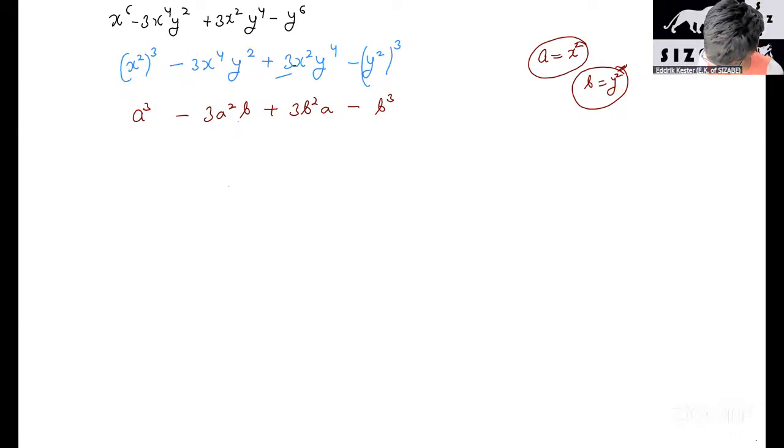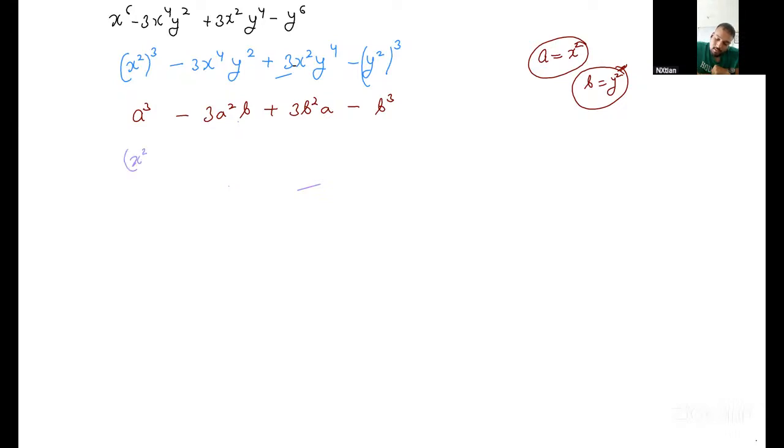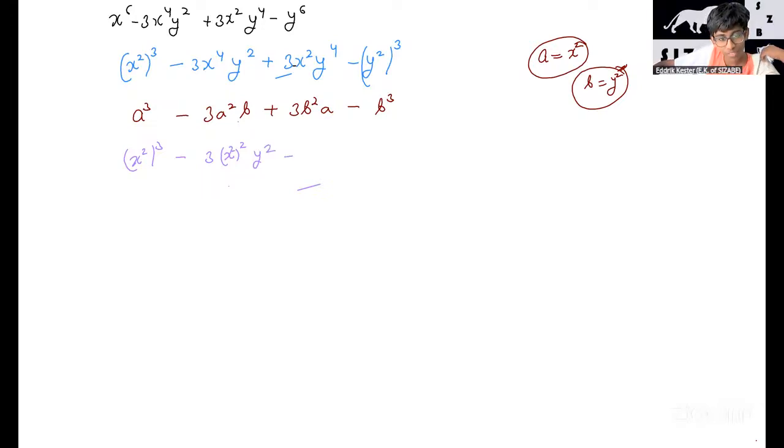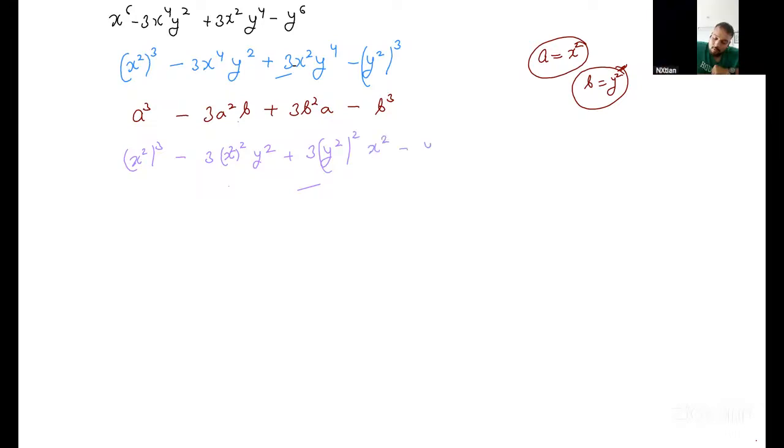Okay. So it means that if you split it like that, will you be able to do that? Like 3x square into y square, plus 3 into y square whole square, and x square cube minus y cube cube.